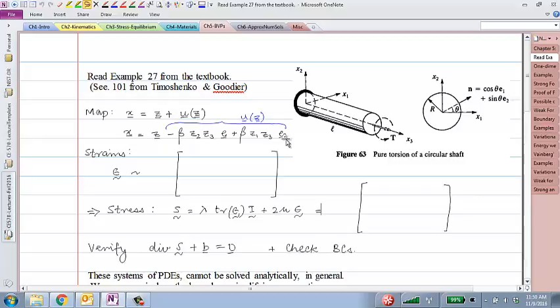All right, let's do those calculations together. Displacement is a vector field. If I take the gradient of a vector field, I should get a tensor field, which is why, of course, strain is a tensor. So how do I take the gradient of a vector field?